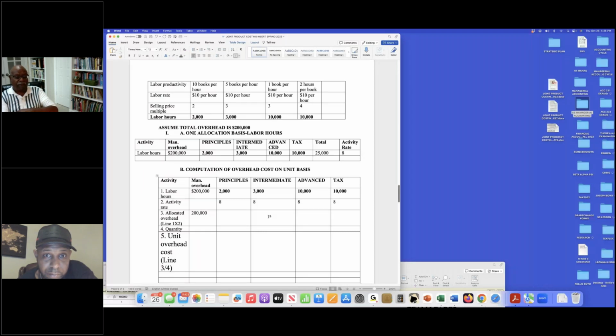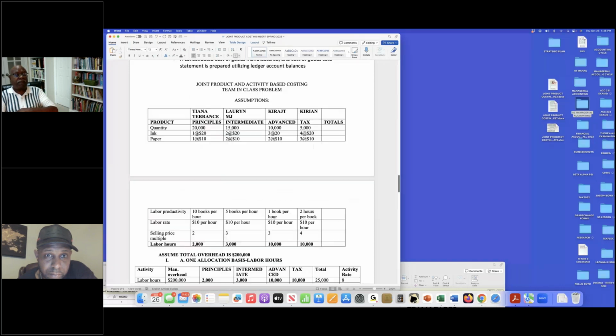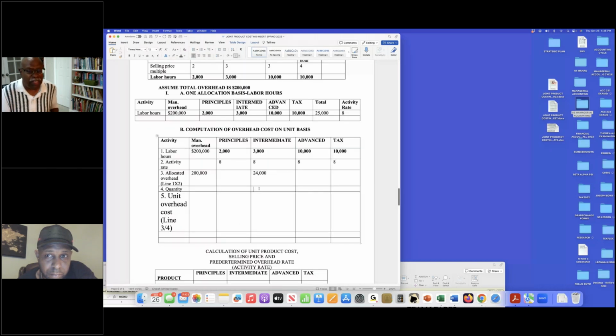Okay. Now I need my quantity that I'm going to make. So I'm going to go back up here to the top. And on the intermediate book, I'm making how many? Everybody just get their quantities: 20, 15, 10, and 5. So it's 15,000 for you, right, Lauren? Yes, sir. But what's your unit overhead cost going to be?